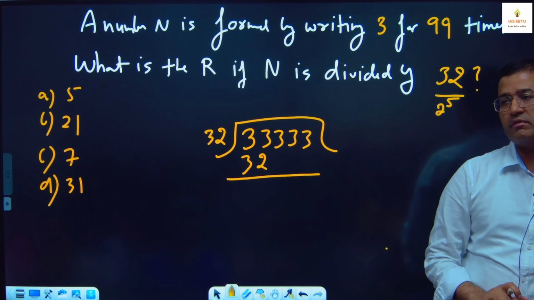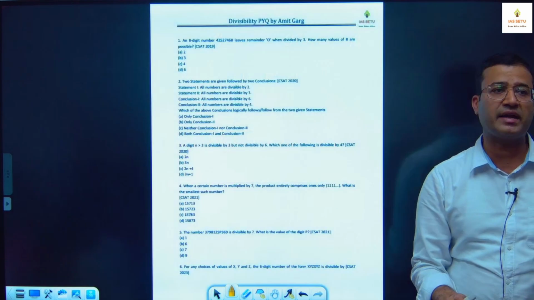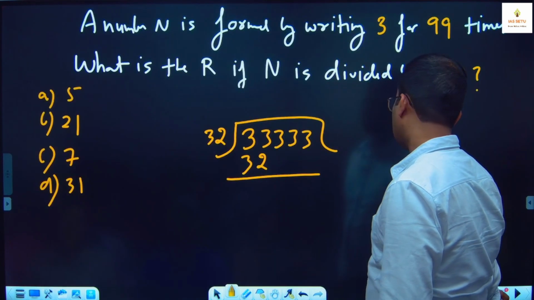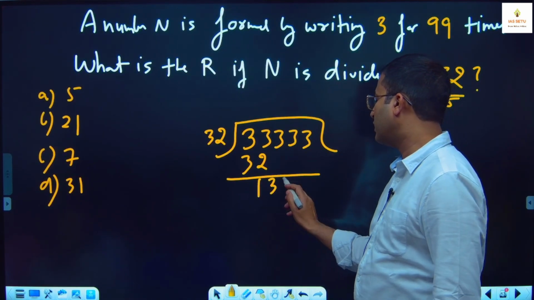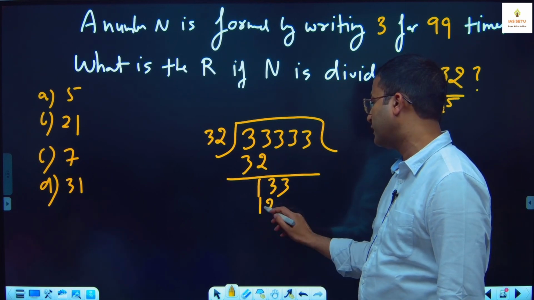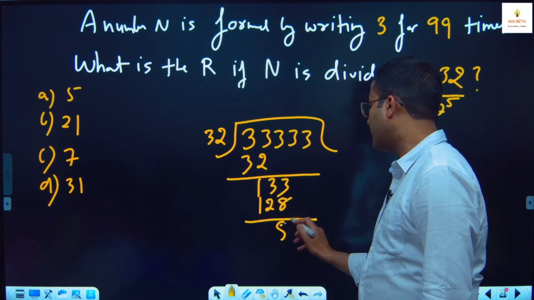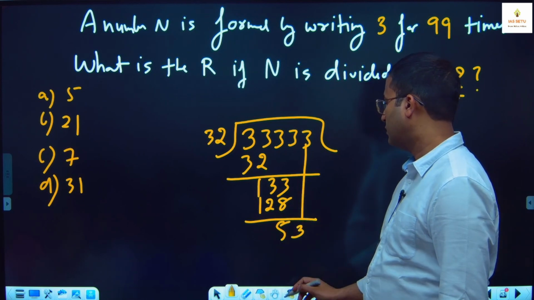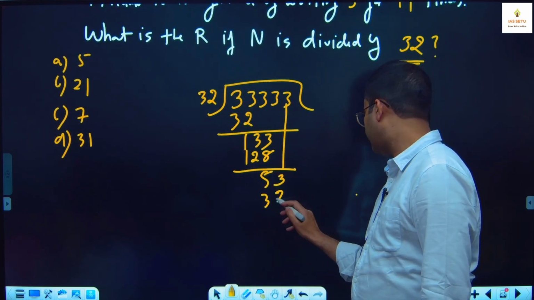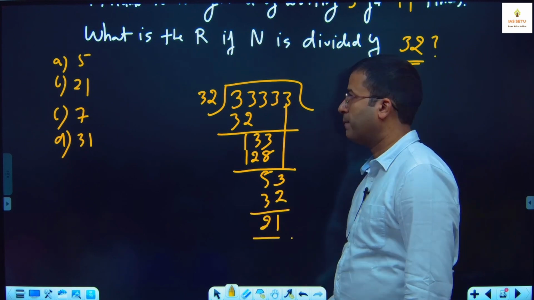Like in UPSC, I will say it's not that SSC banking calculation, but at least this calculation we have to do. So here 133, 32 2s are 64, 32 4s are 128, 5 and this 3. 32, then we get answer 21.